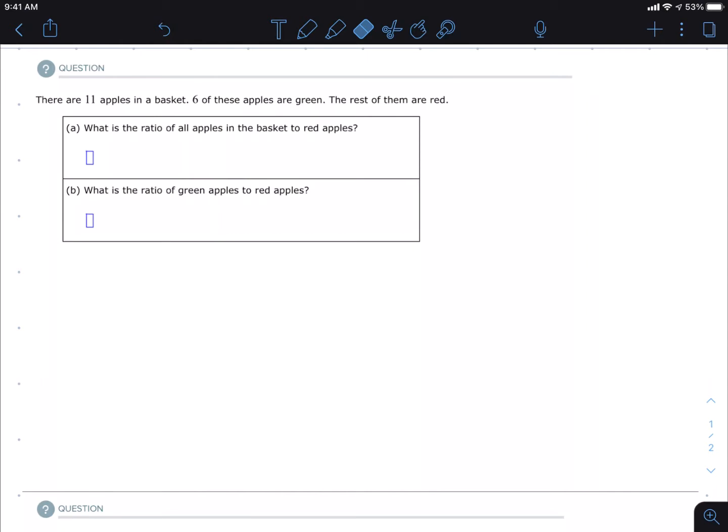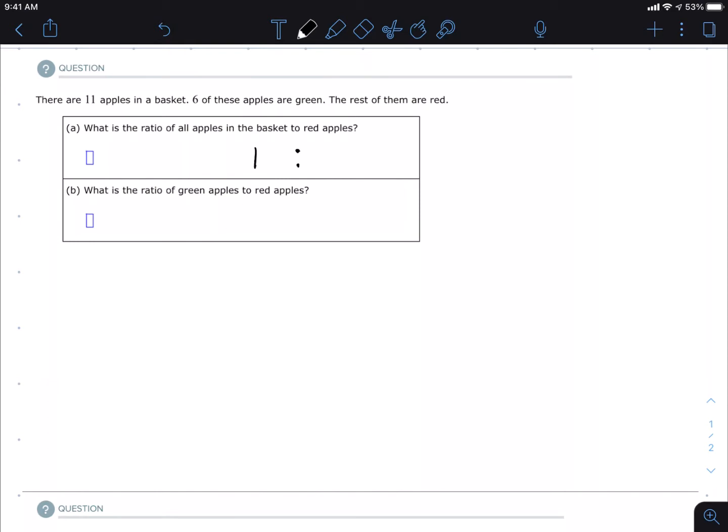So it says, what is the ratio of all apples in the basket to red? So the way that that's said, you're going to go all apples to red. Now, where you see the word to, you're typically going to put a colon. So all apples, how many apples did we have altogether? 11.